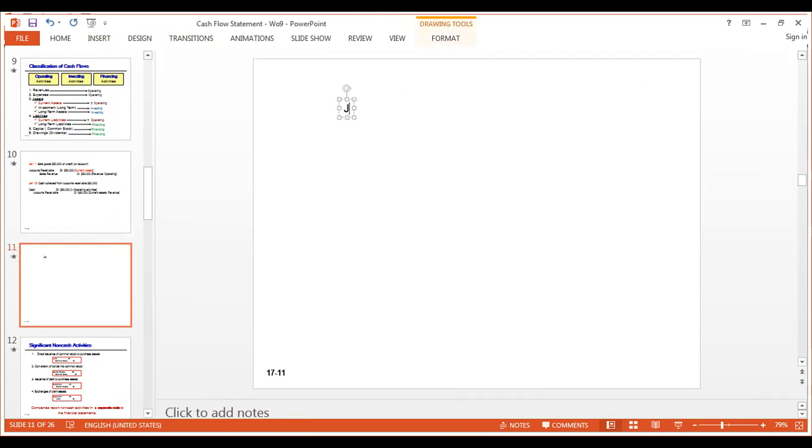December 31st, 2022, for example, something happened: accrued income tax expense $5,000.